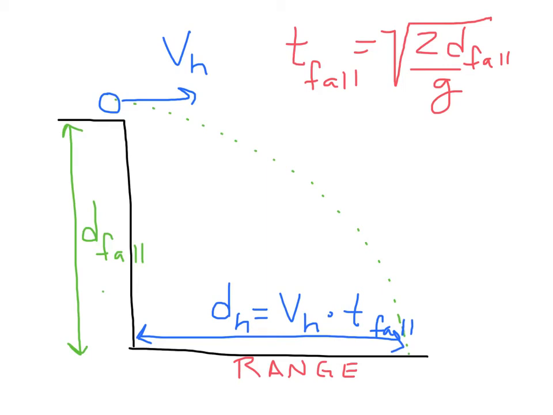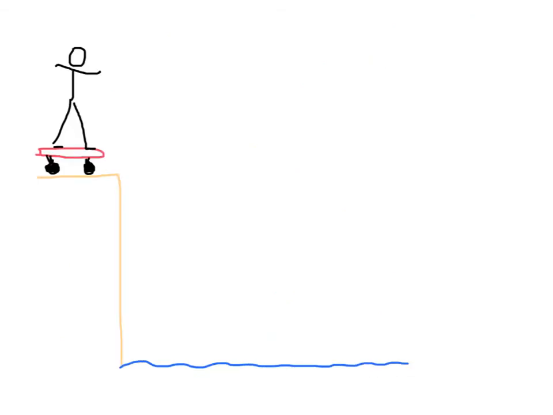That kind of sums up a few of the things that we've got. So let's go and do an actual practice problem. Let's just say that we've got someone who's on a longboard, cruising along, and they thought it would be fun to go off this dock or this jump and land in the water.